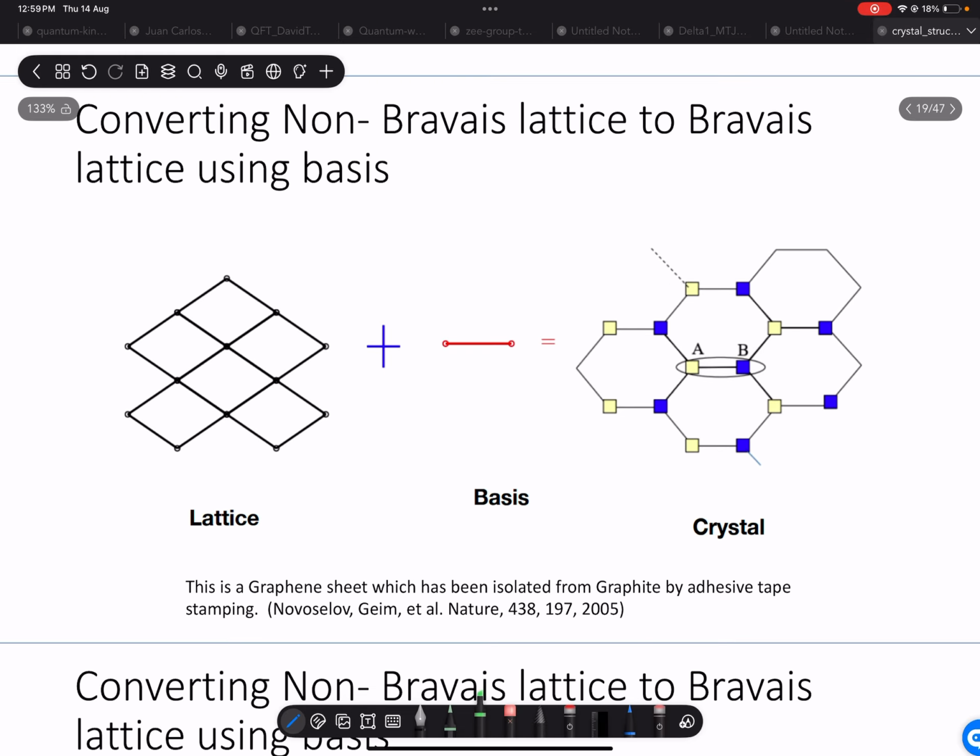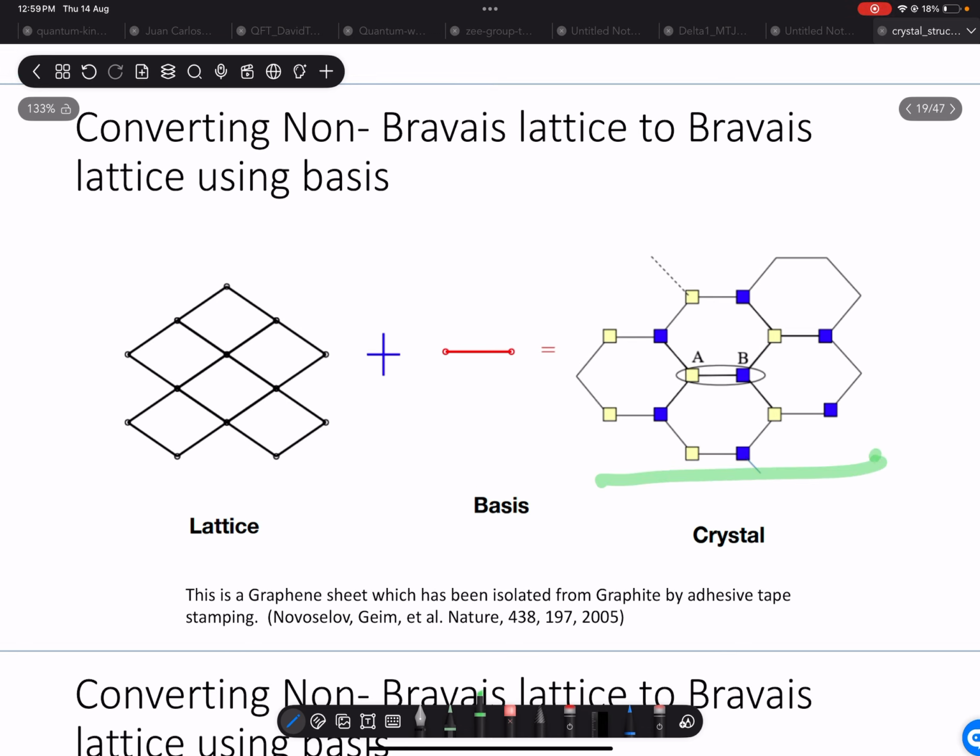So let us say this system, right? This is a hexagonal system. This is not a Bravais lattice, because if you look at point A, it has a different environment. It has two neighbors this way and one neighbor this way, whereas point B has two neighbors in front. So A and B don't have the same sort of environment, but we can convert it back to a regular or Bravais lattice.